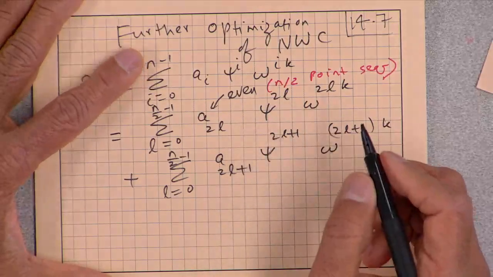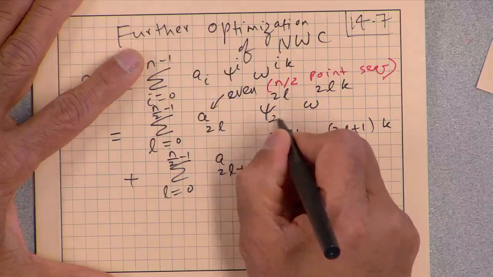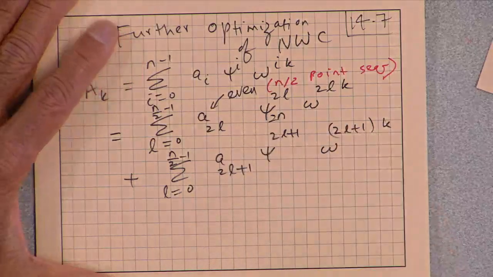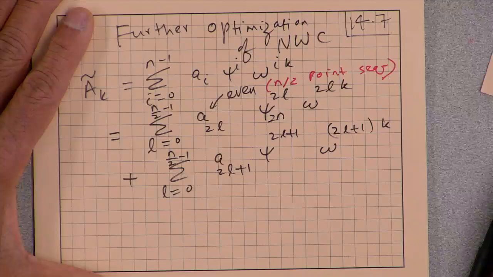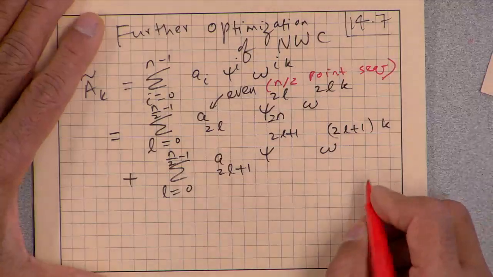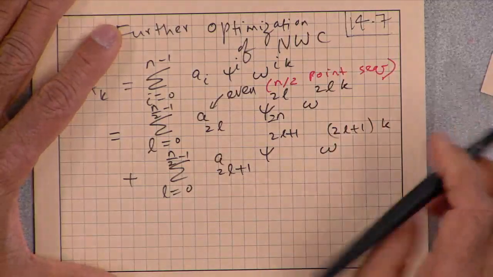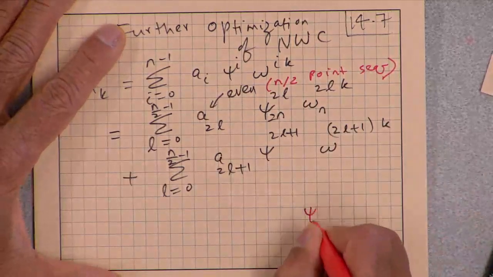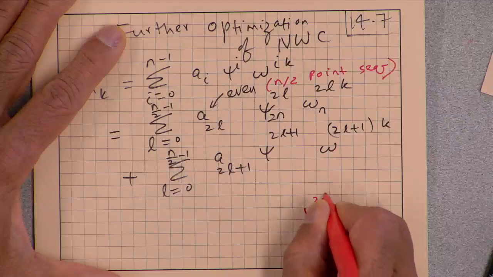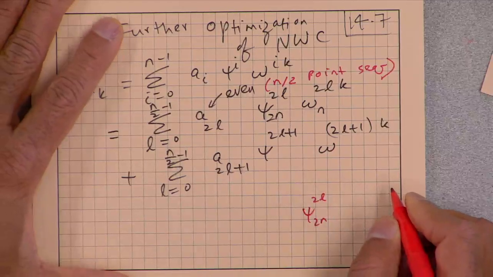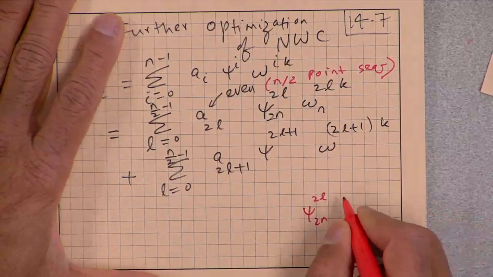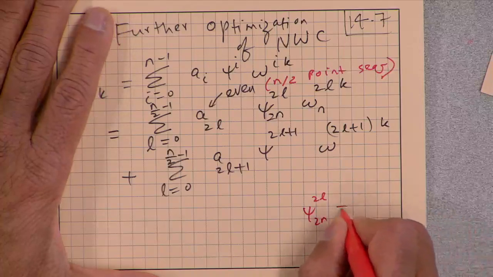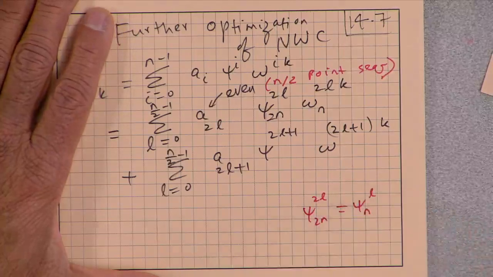So remember in previous DFT problems, we were bringing that 2 to the denominator, and so in a way, if I put back here psi 2n, because that was the 2nth root of unity, and omega is the nth root of unity, so psi 2n to the power 2l will be psi n to the power l.